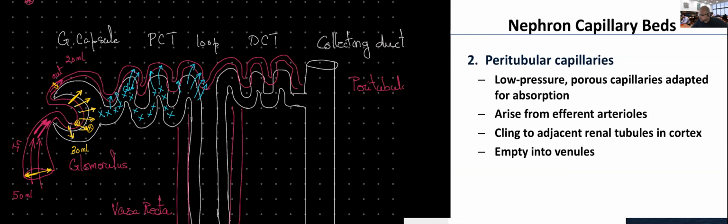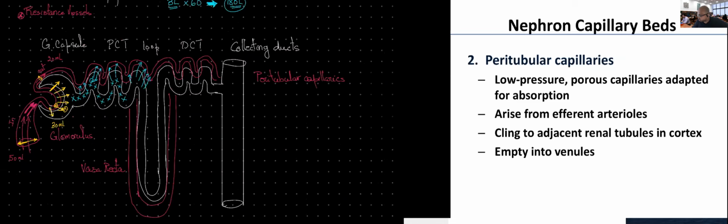What do you think is the state of pressure in my peritubular capillaries? Do I have a high pressure or a low pressure? If this is my peritubular capillary, and this is my kidney tubule, proximal or distal, and I want to move fluid from the kidney tubule back to my blood, do you want me to have a high pressure or a low pressure within my peritubular capillaries?